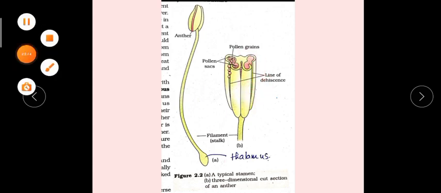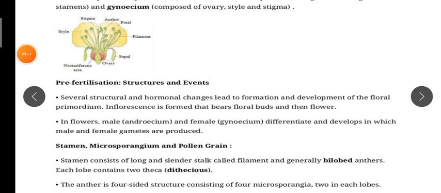Before the flower starts giving new seeds and new offspring, it also has to produce its own gametes, isn't it? These gametes are nothing but the pollen grains. That's why these are called pre-fertilization structures and events.